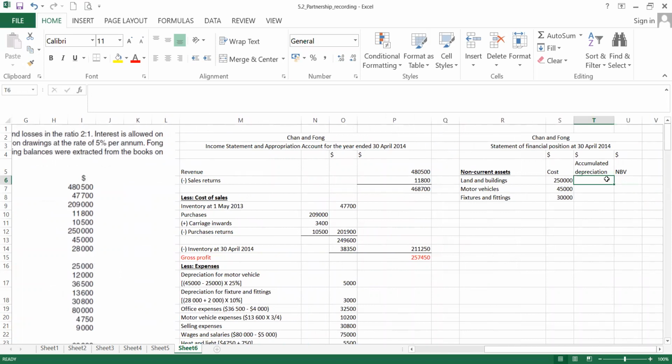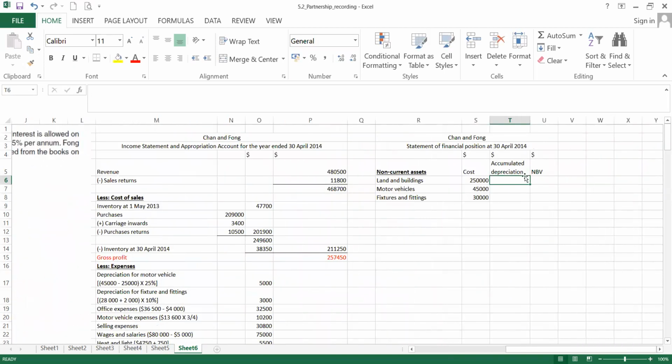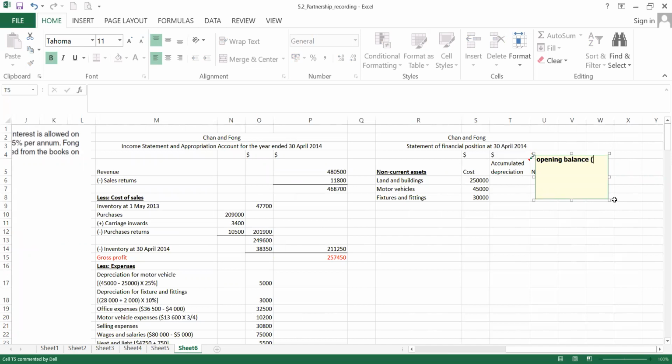For land and building, they didn't mention depreciation because from the beginning, land and building has no depreciation. So we don't need to put a depreciation amount, and the net book value will be equal to the cost. But for the motor vehicle, the accumulated depreciation is the opening balance, normally in the trial balance in the question, plus the current year. Where do you get the current year from? From your income statement.